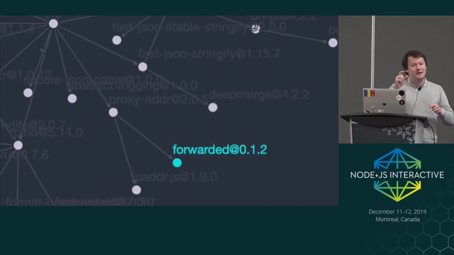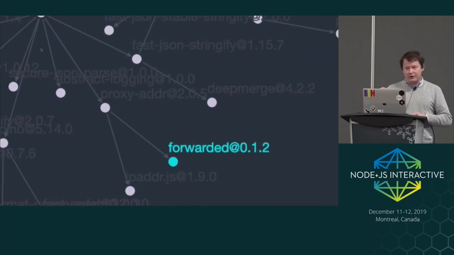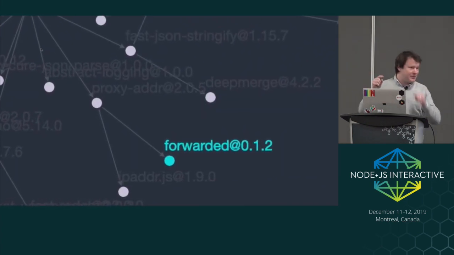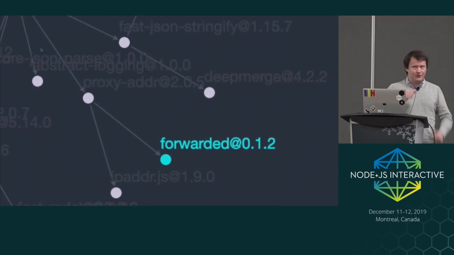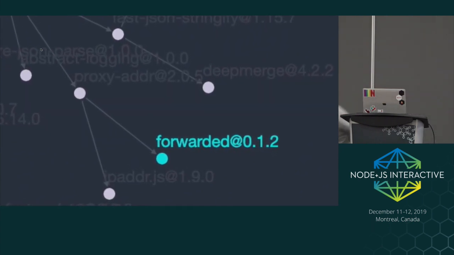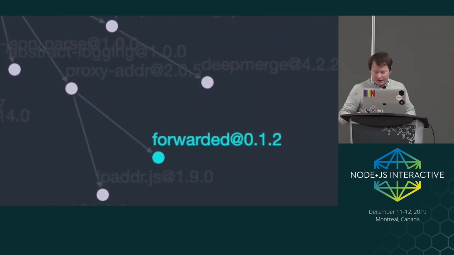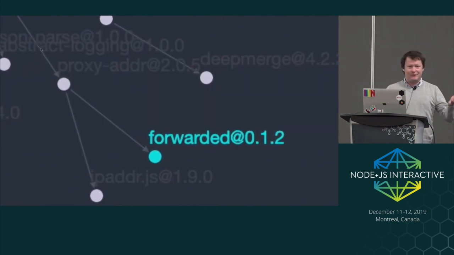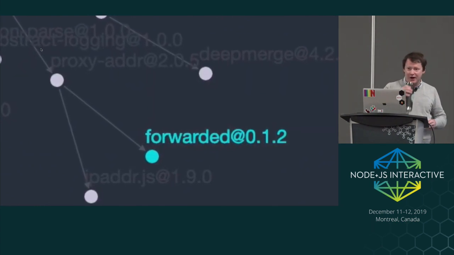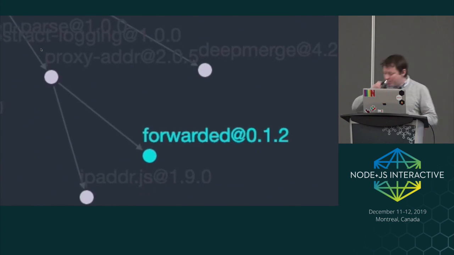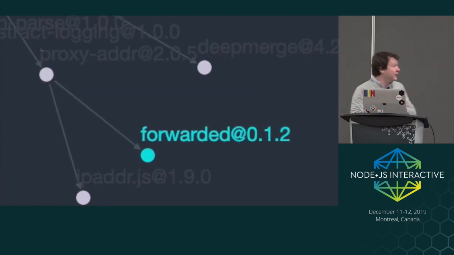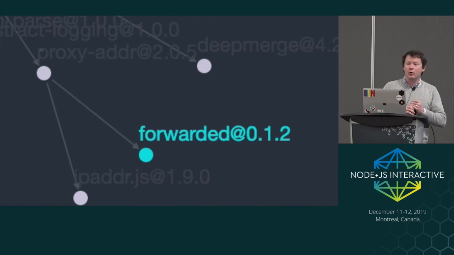It parses the list, loops through them, finds the first untrusted IP address, which means if you've configured your servers correctly, which obviously you all have because you're all stellar engineers, right? Then you have put in all of your on-network IP addresses.